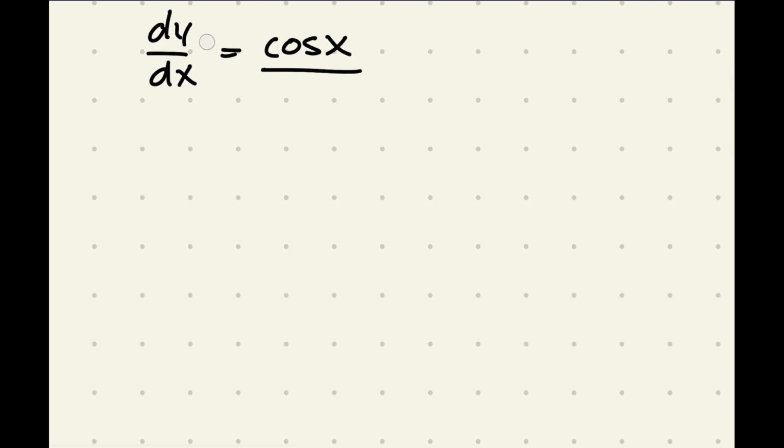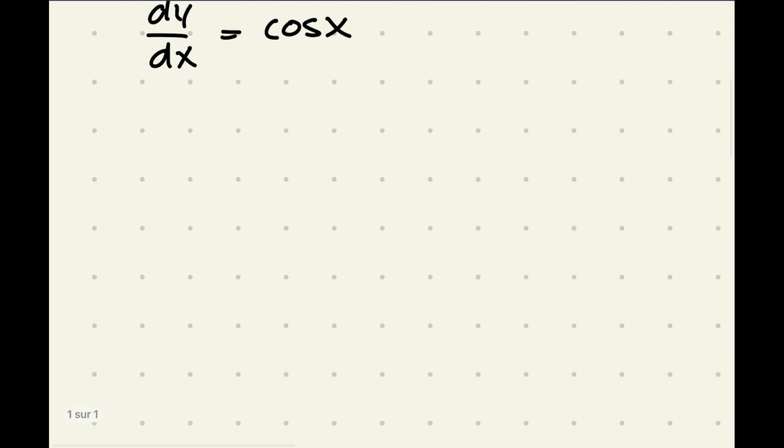So first, we can say that this side right here is being divided by a dx. To isolate the dy, we can multiply both sides by a dx, which cancels the dx here and adds a dx here. So that should look something like dy equals cosine of x dx.